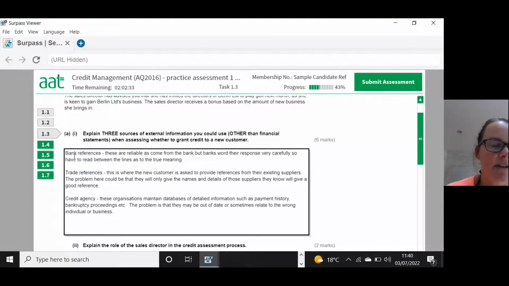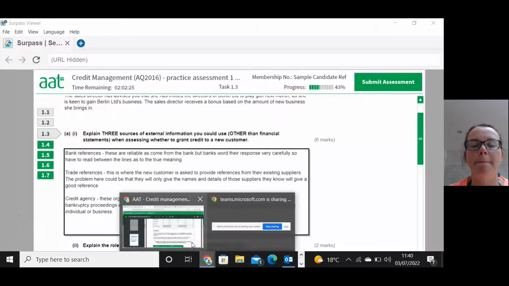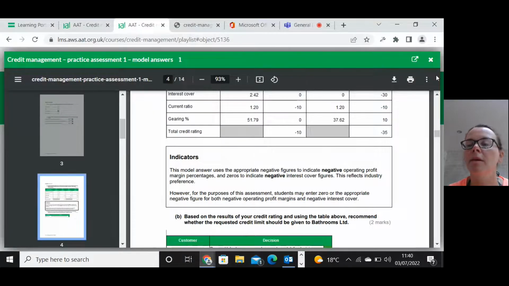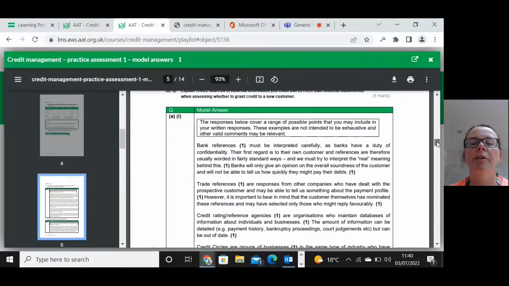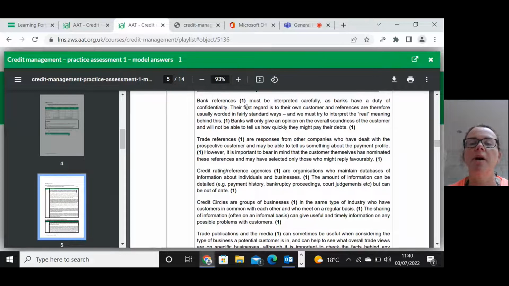It doesn't need to look like their sample answer. I will just pull up their sample answer to show you the comparison. So here we are, model answer. You can see they've been very helpful here, actually, giving us where the marks are likely to be allocated.